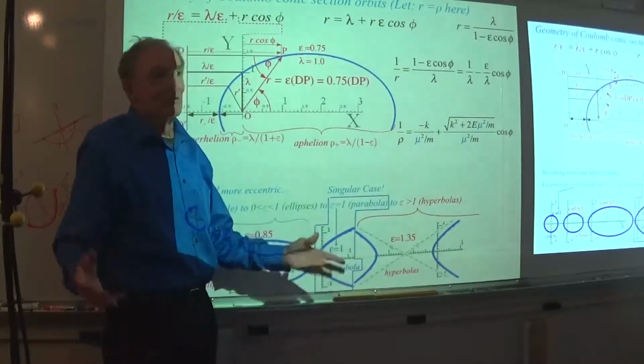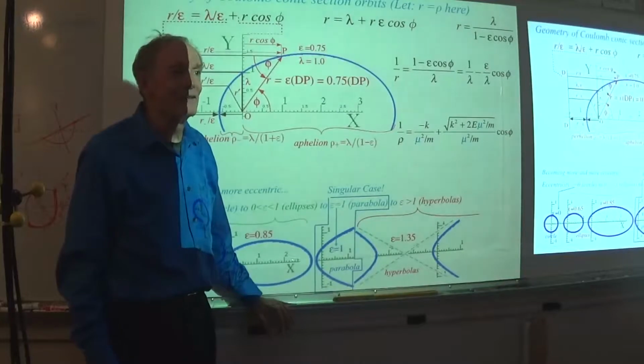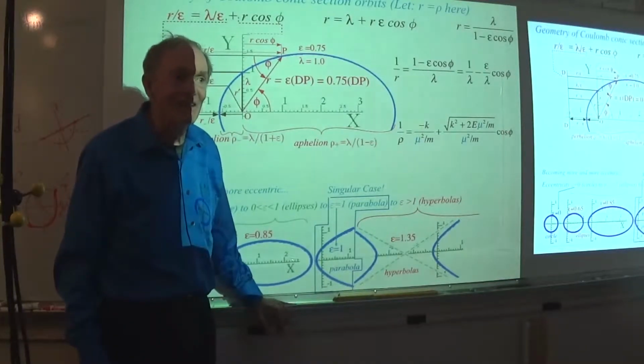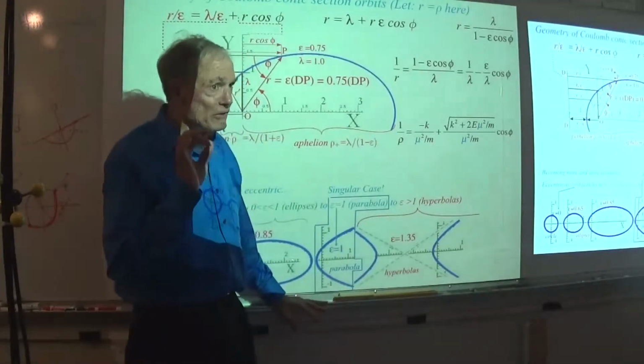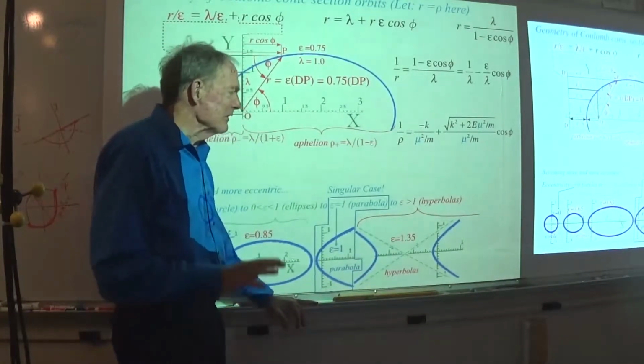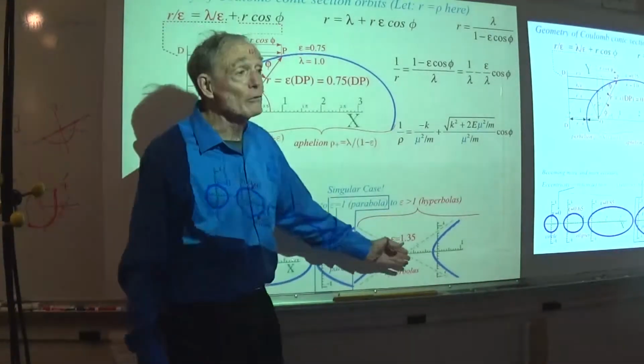So, I don't know whether you appreciate that way to look at a hyperbola, but that is definitely part of the story, right? Now we have to get the geometry of that thing, and that isn't easy. It's easy, but it's not trivial. Okay, so we do have to do that because we're going to use this for Rutherford scattering.